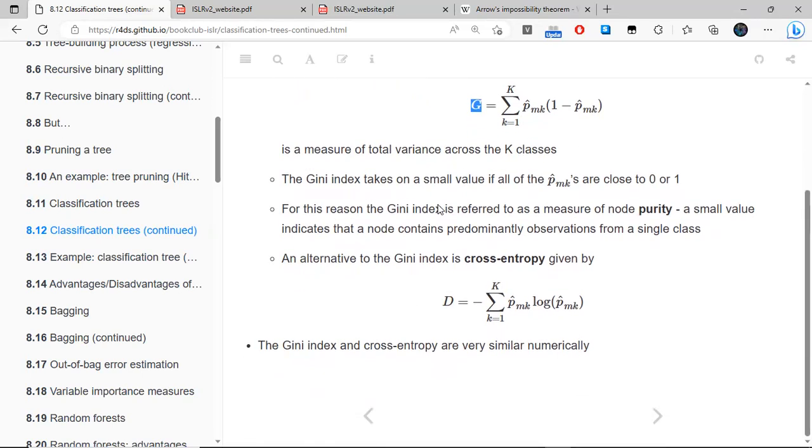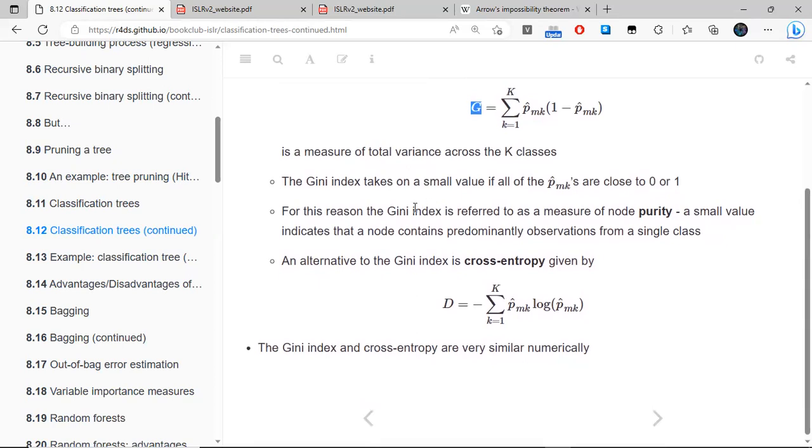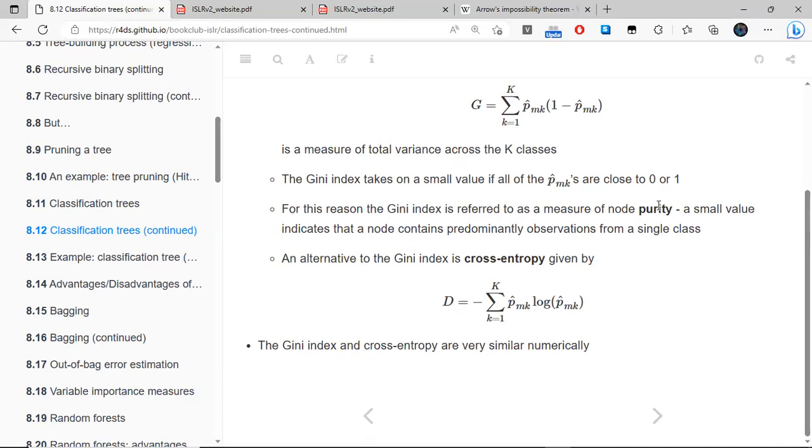means higher purity. What we mean by higher purity is that in that specific region, where the Gini index is pretty small, the observations mostly correspond to one class in particular. That's what they mean by pure: only one class is being represented mostly.